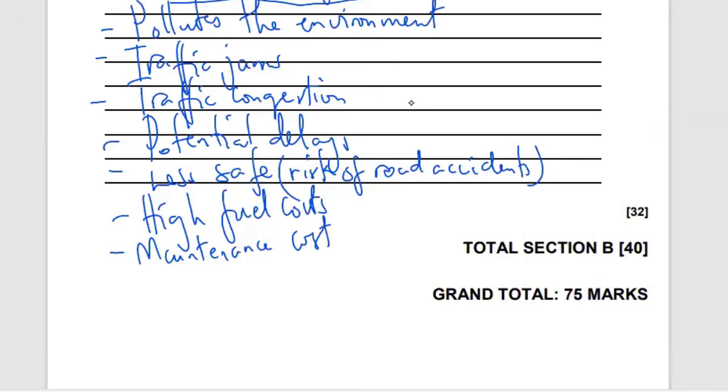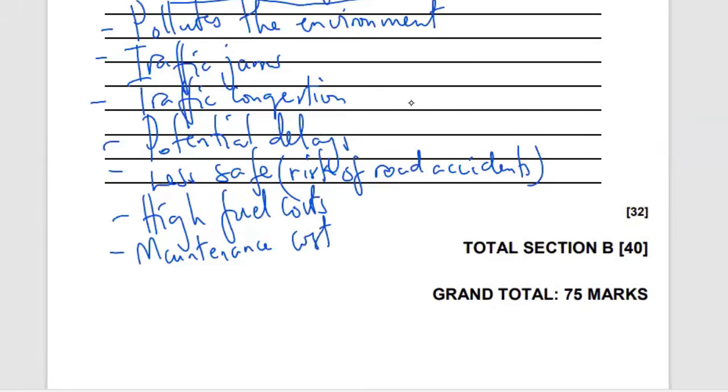The maintenance cost is also high for road transport. Maintaining the roads is a high cost and it must be done on a regular basis. If those roads are unmaintained, it becomes a problem for the safety of commuters. If we travel on roads which are not well kept, we are increasing the risk of getting involved in road accidents.